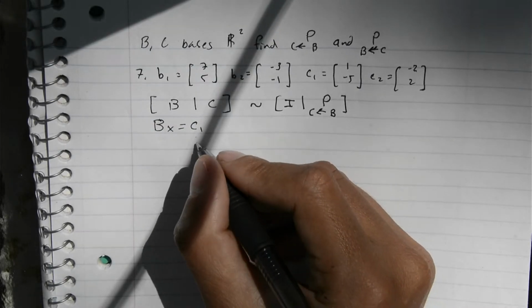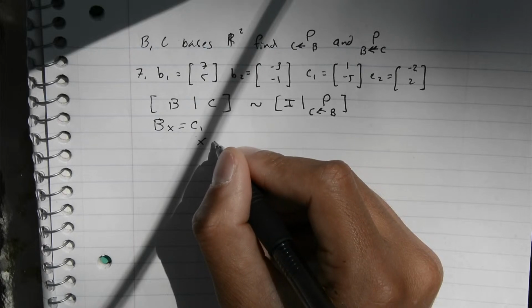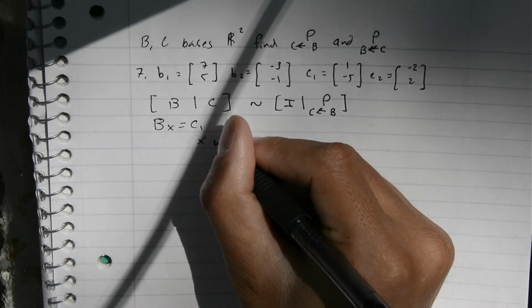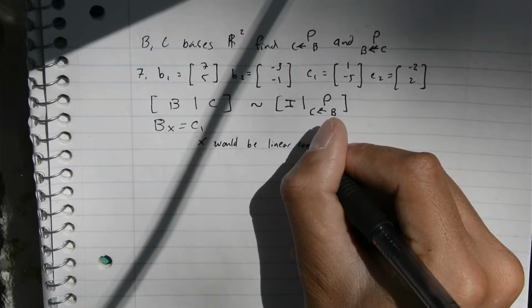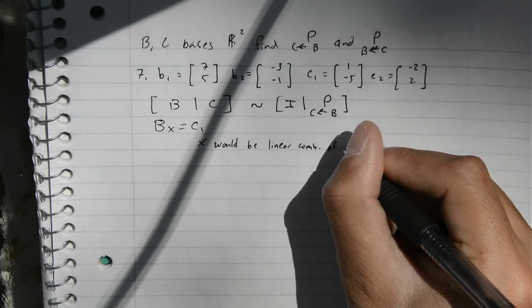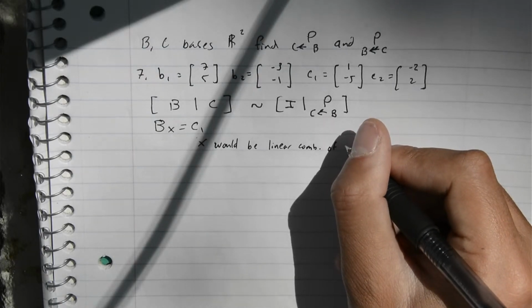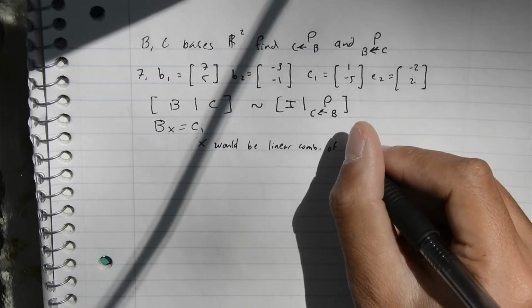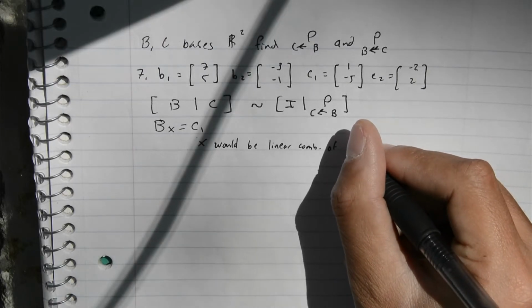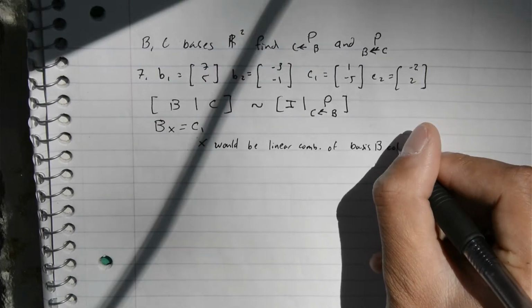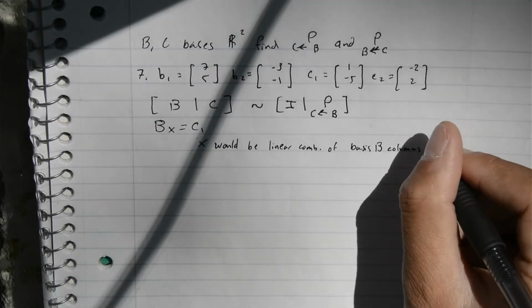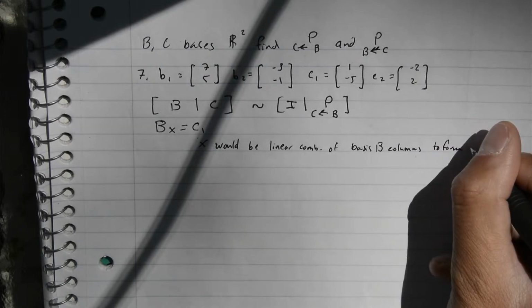Right, because what this would be is X would be then a linear combination of the basis B columns to form C1.